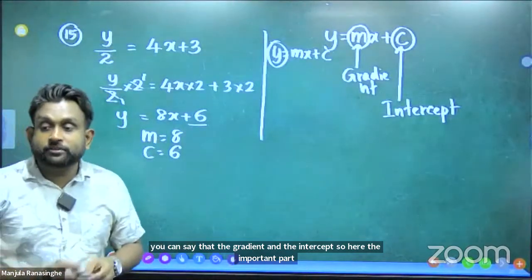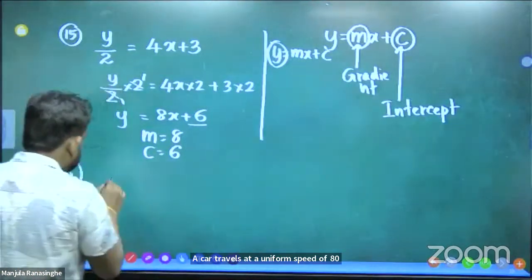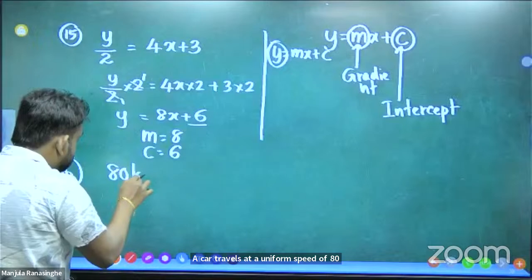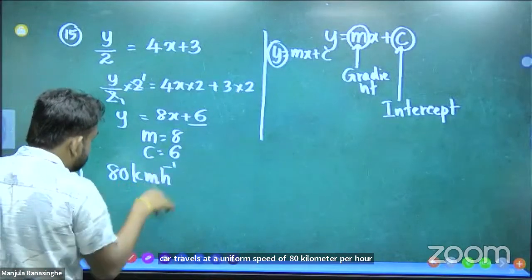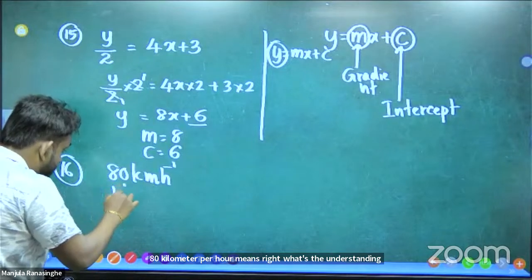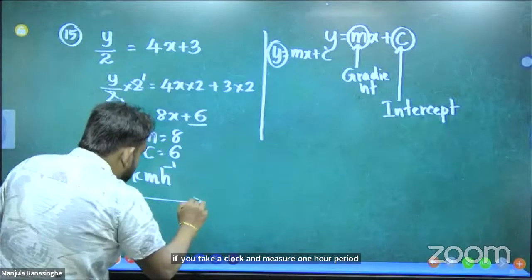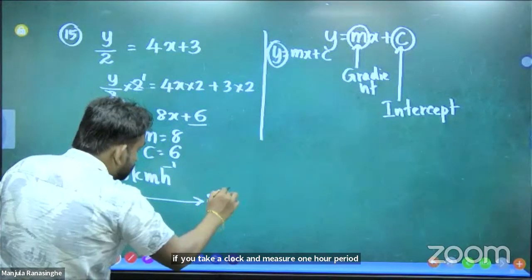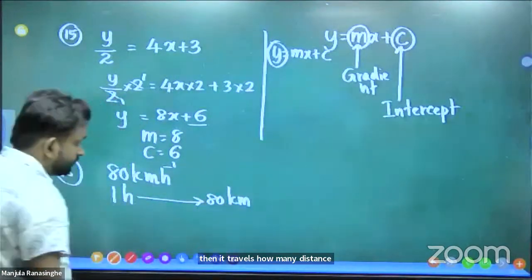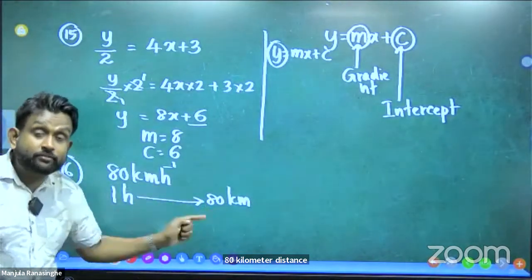A car travels at a uniform speed of 80 km per hour. What is the understanding of 80 km per hour? If you take a clock and measure a 1 hour period, the car travels 80 kilometers.